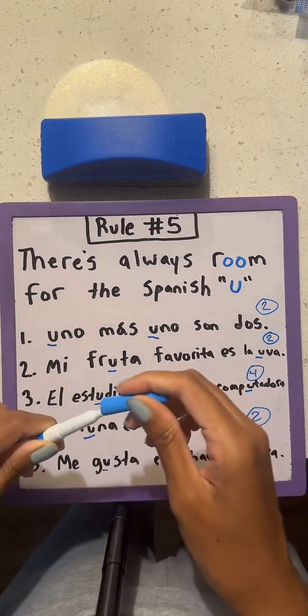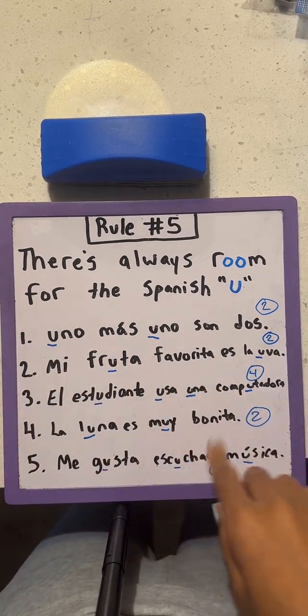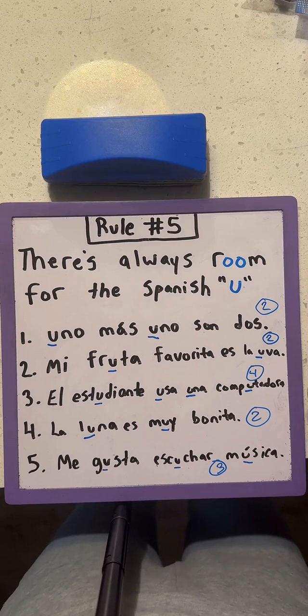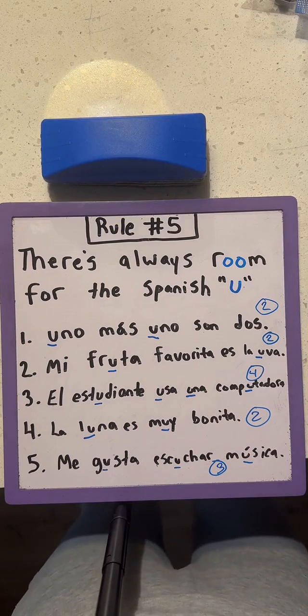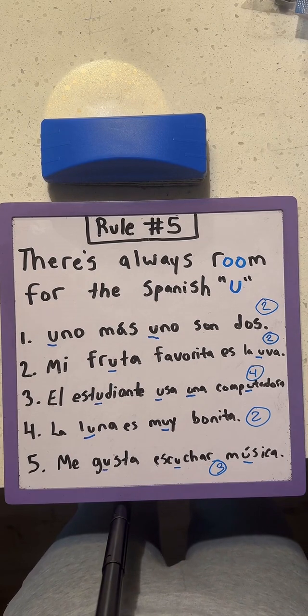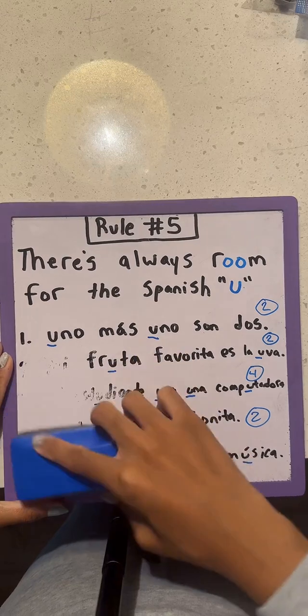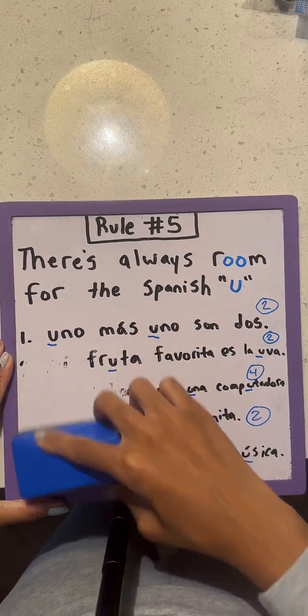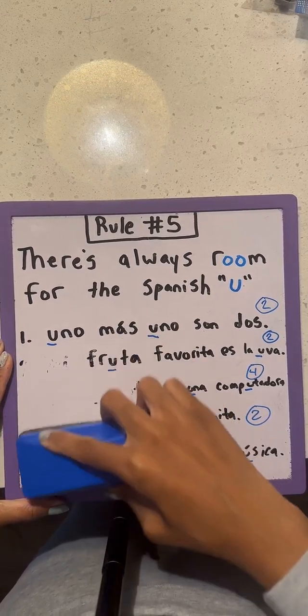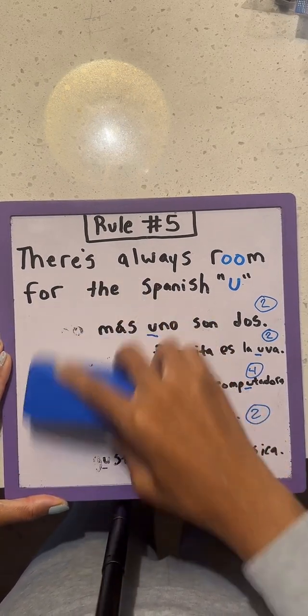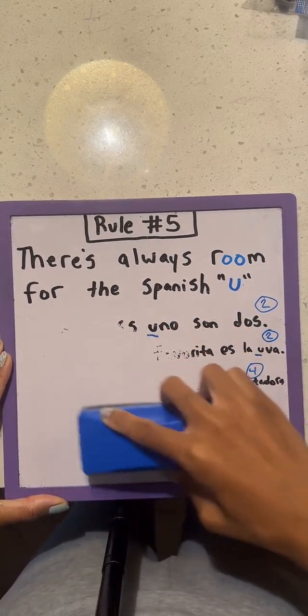And yes, we can see the sound oo multiple times throughout these sentences. So very good job identifying the sounds both isolated and in a sentence. Very good. Yep, good word. I see la urgencia. Okay, yep, that's another one that has the U sound in it.